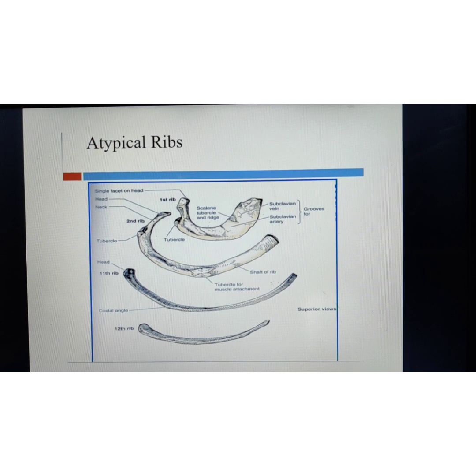So the first rib consists of the superior surface, inferior surface, the outer border and the inner border.